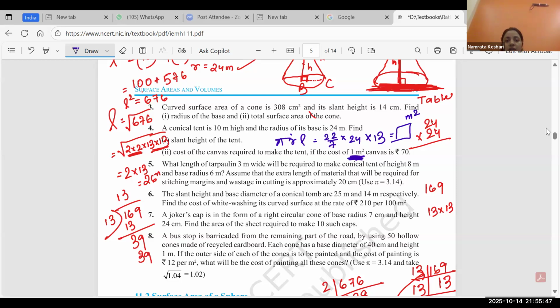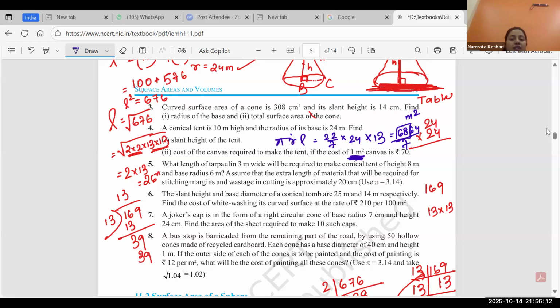Let me check: 22 into 24 into 13 divided by 7. A huge number we are getting, 6864 by 7, and nothing is cancelling out. This much meter square we are getting.